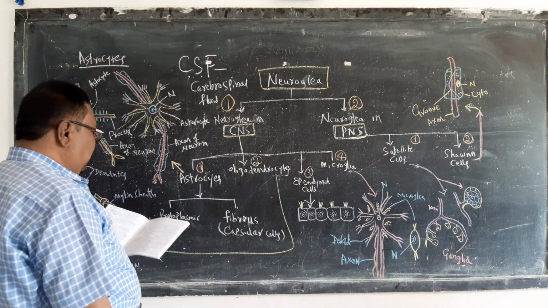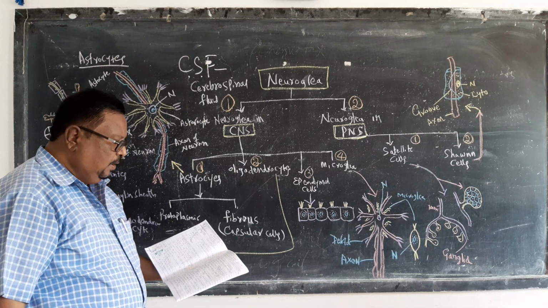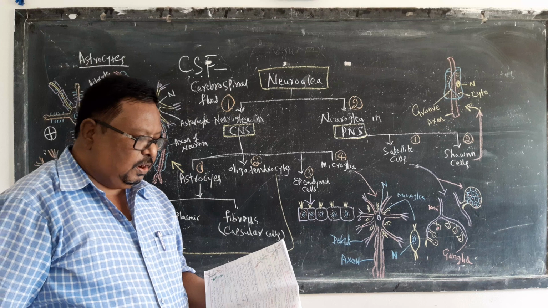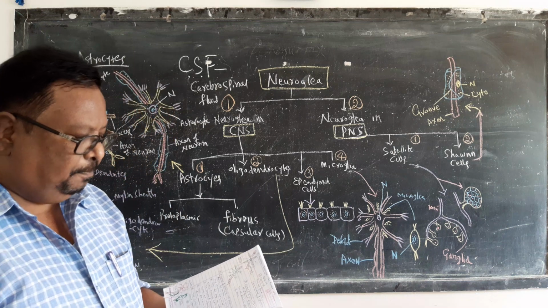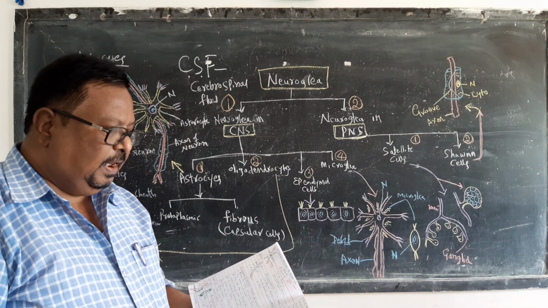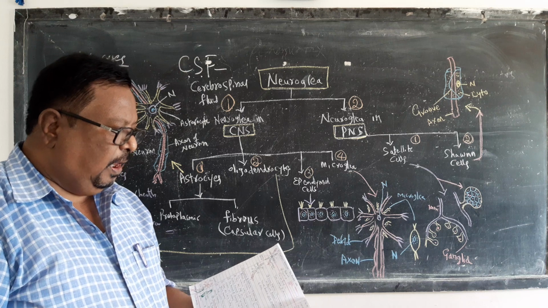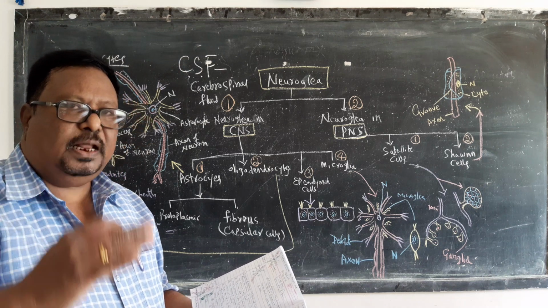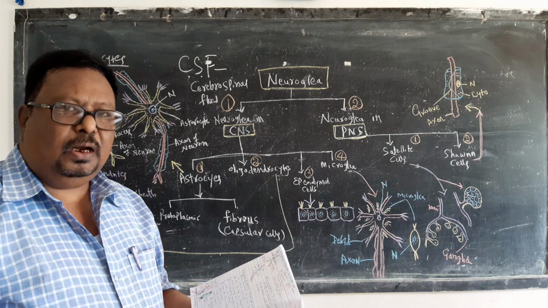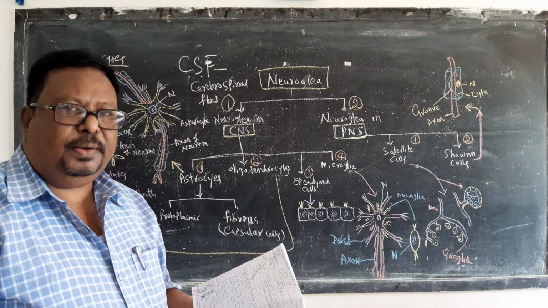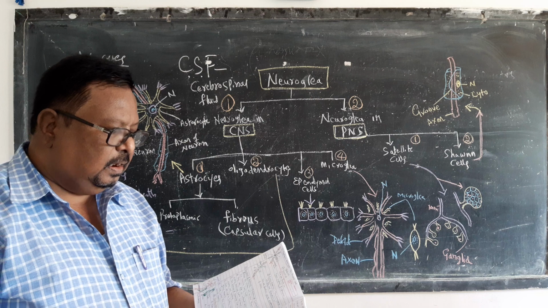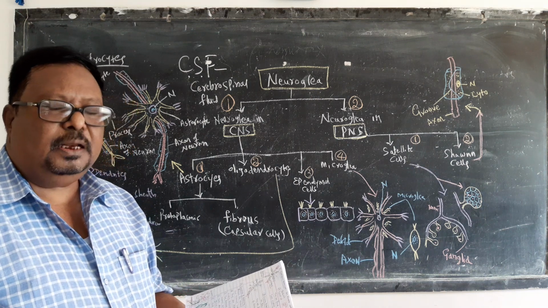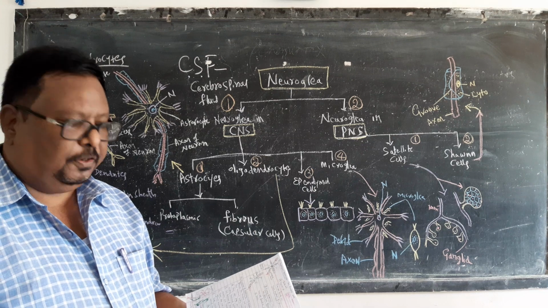The cerebrospinal fluid is present in the spinal cord, and the circulation is facilitated by the cilia of the ependymal cells. The ependymal cells are present on the lining of the wall, and the ciliary movement of these cells helps in the circulation of cerebrospinal fluid, CSF.